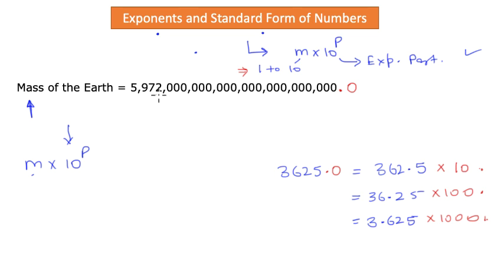If I want to convert these four digits into a number between 1 and 10, that means I have to move my decimal right here between 5 and 9, right? You're with me so far, correct? So that means I can write my m, the first part of this standard form, as 5.972, and it comes right from here.